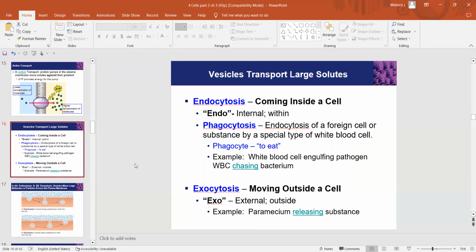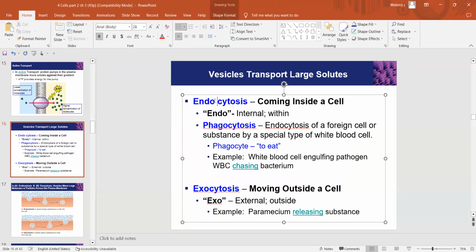The first two here are called endo and exocytosis. Translation: endo means in. Cyte means cells. So you're moving into the cells, endocytosis. Exo means out, and cyto means cell. Osis means process.